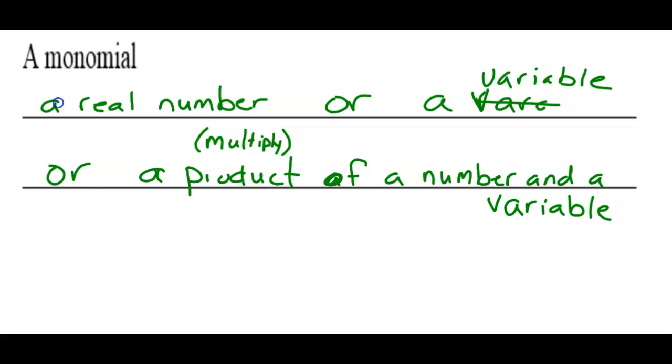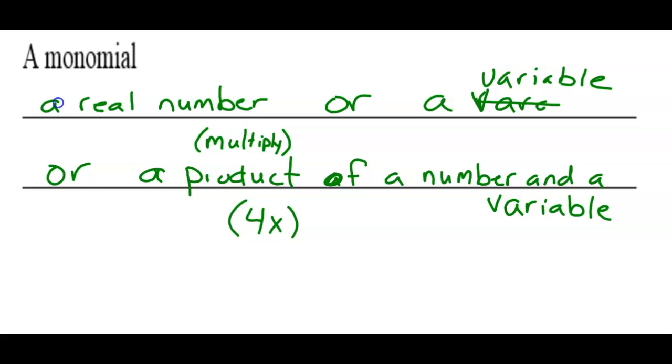Yes. Okay. So it is a real number or it is a variable, so x. Or it is a product of them. An example would be 4 times x. Okay? Good? So it's important that we know what a monomial is when we're talking.